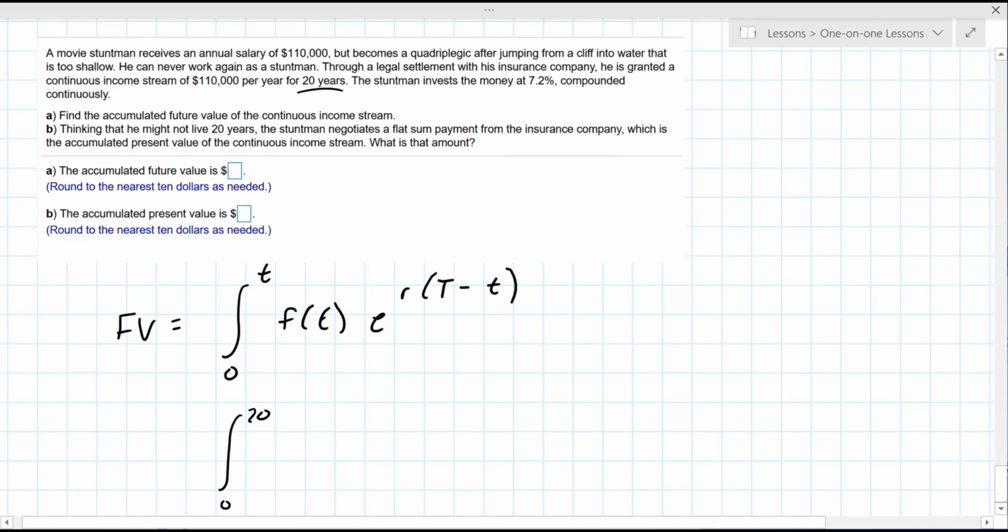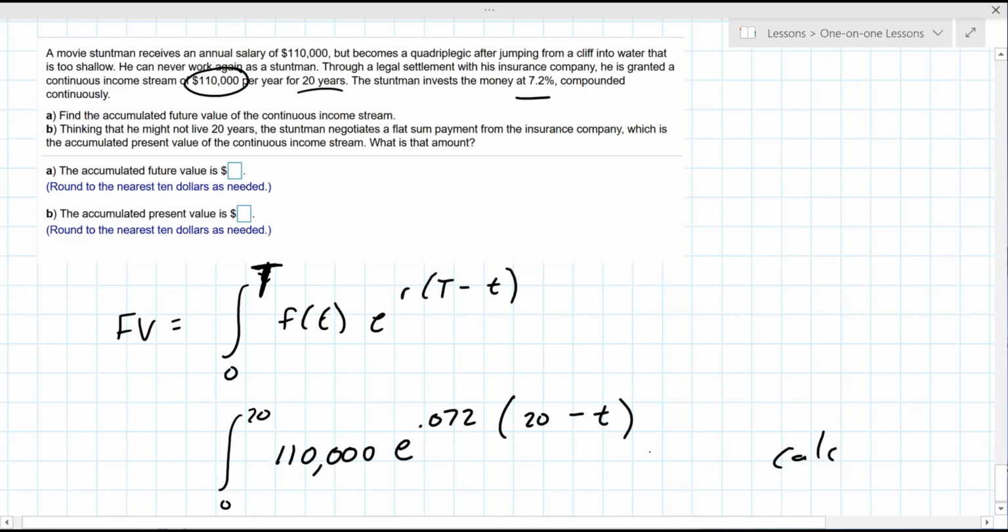Your f of t is you're getting $110,000 per year. Your interest rate is 7.9%, so that's 0.079. Your t is the 20, minus t. And again, this is a calculator thing that you're doing here.